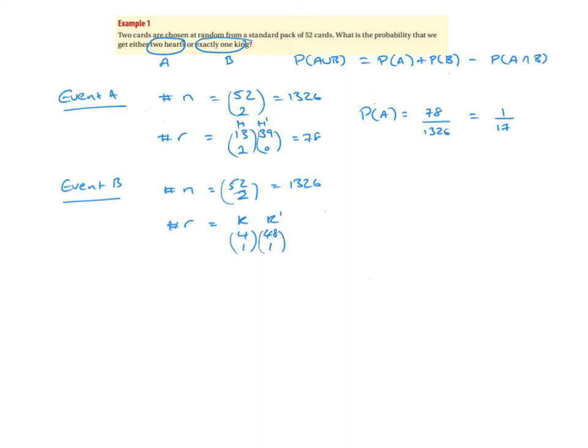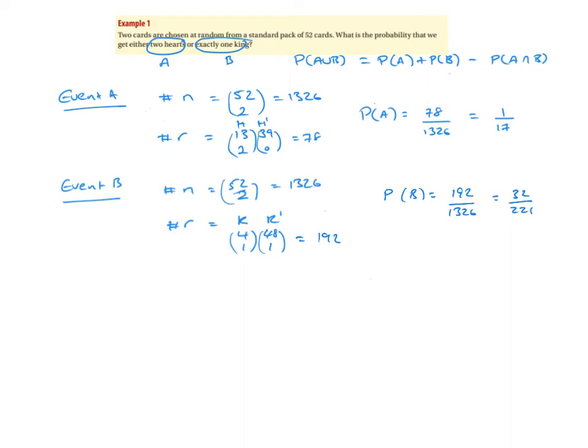Again, look, our 4 plus 48 makes our 52, and our 1 and 1 makes the 2. If you put that into your calculator, you come out with 192, which means that the probability of B is equal to 192 over 1326. And again, that'll simplify, lads, and it comes out to be 32 over 221.